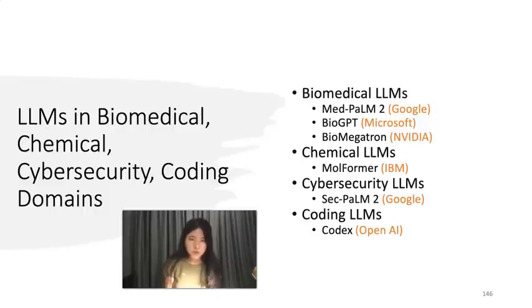BioMegatron, from what I know, is probably the largest large language model for biomedical LLMs. As for chemical LLMs, IBM has MoLFormer, and for cybersecurity LLMs, Google has PaLM 2. And for coding LLMs, you may have already heard about or used Codex. That's by OpenAI.